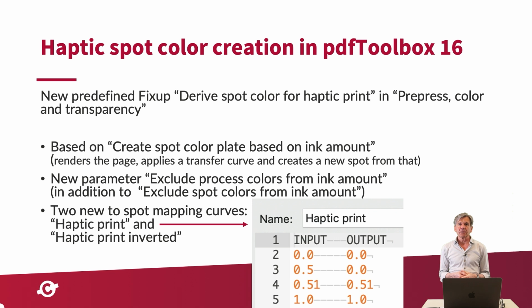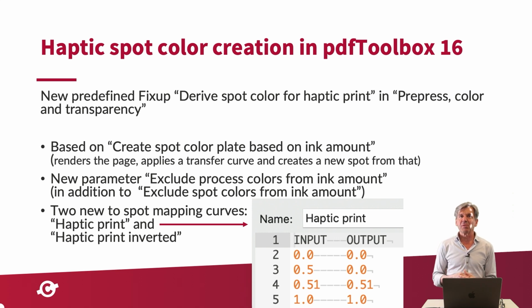And typically what you do is you derive something from the page and then apply some transfer curve to the rendering of what you have derived from the page, and the transfer curve specifies the relation between the amount of haptic print ink and the page content.